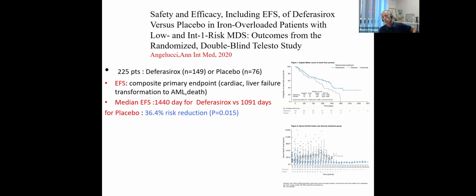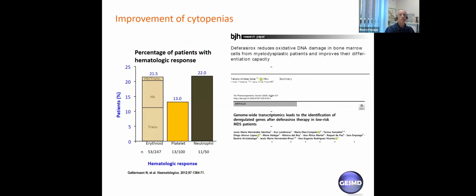And so this drug is important, and it should be started based on the ferritin level, because that's the way to assess iron overload, in addition, of course, to MRI, but MRI cannot be repeated every week or every month. And so when the ferritin level increases above 1,000 to 2,000, then chelation therapy should be started, especially in patients who have a favorable prognosis, who could be transfused during 10 years or so. Okay, and in some cases, deferasirox can moderately improve cytopenia, so it's a double interest.